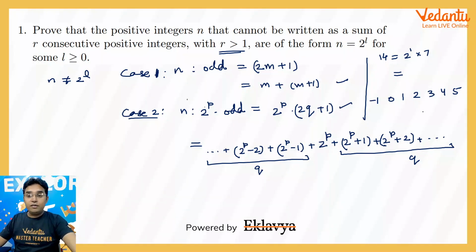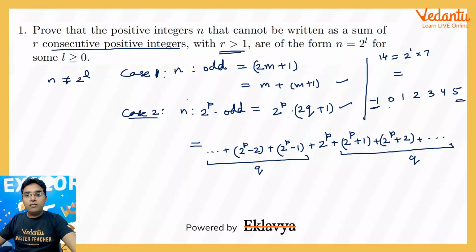There is one very interesting thing about this example: the sum is definitely equal to 14, but it is not consecutive positive integers. You can check: minus 1 plus 1 is 0, 2 plus 3 is 5, plus 5 is 10, plus 4 is 14.